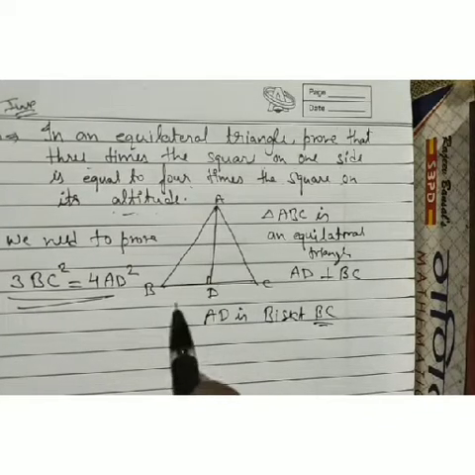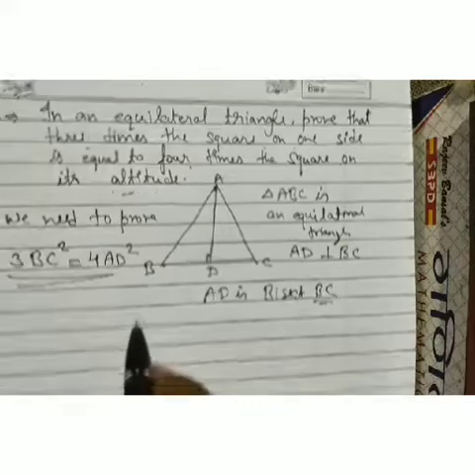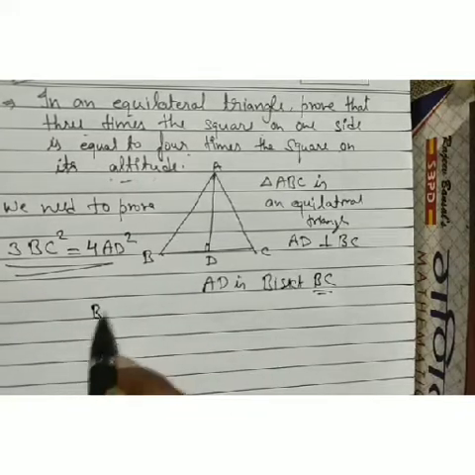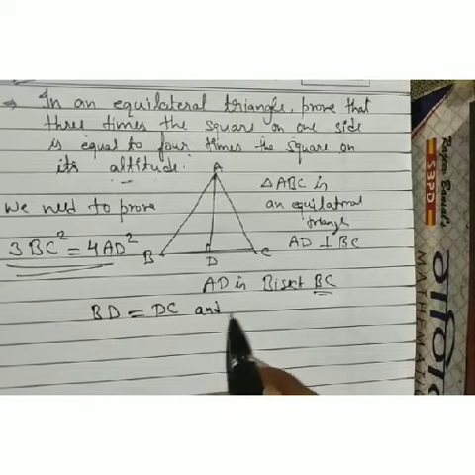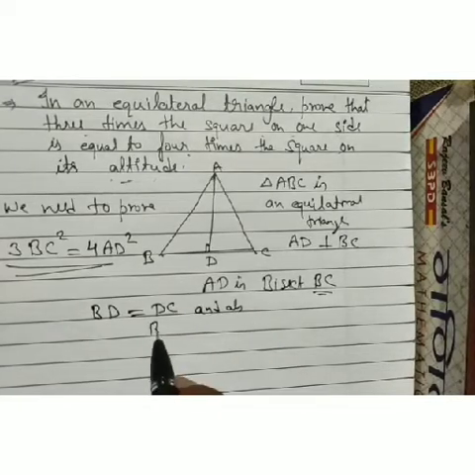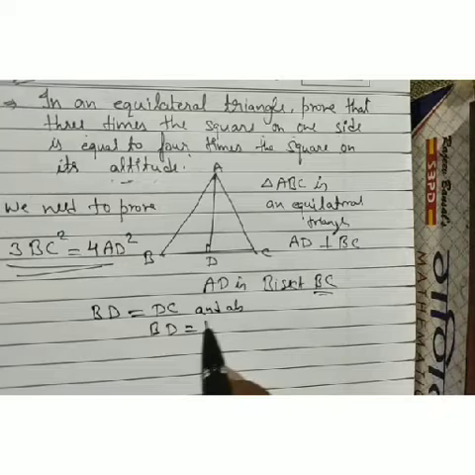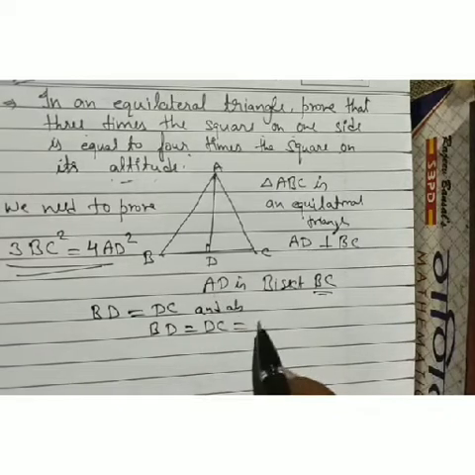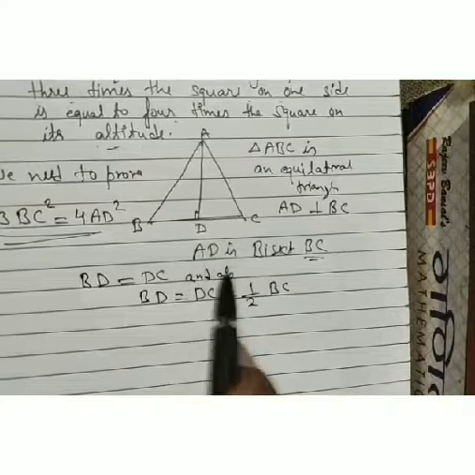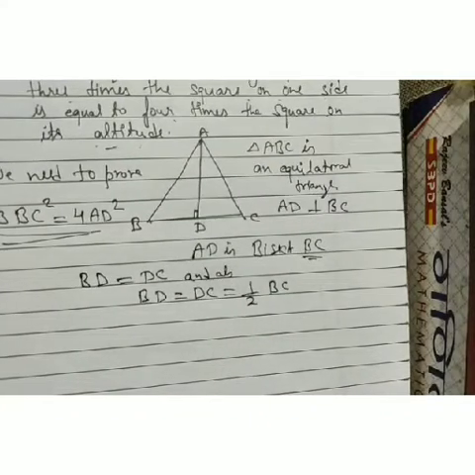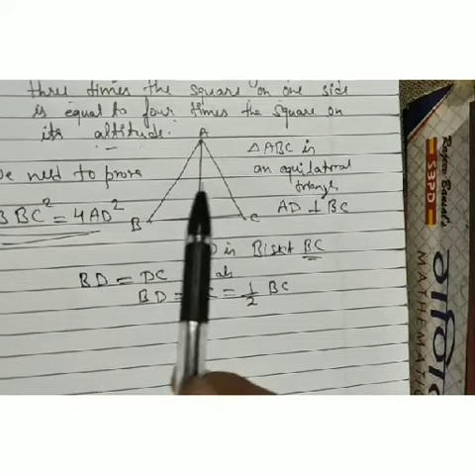Then BD is equal to DC, and each is half of BC. Now we are going to take one of the triangles.